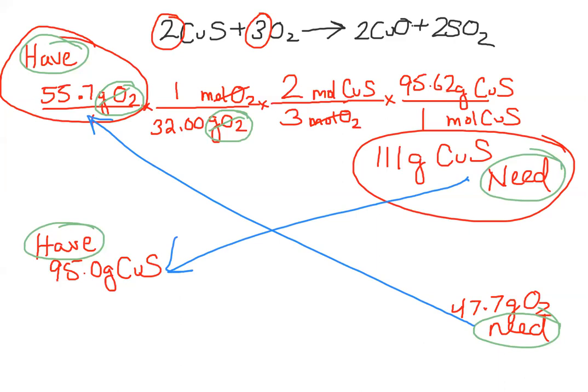We don't have enough of that one. So this is going to be the limiting, because we need more than we have, and this one is going to be the excess, because we have more than we need.